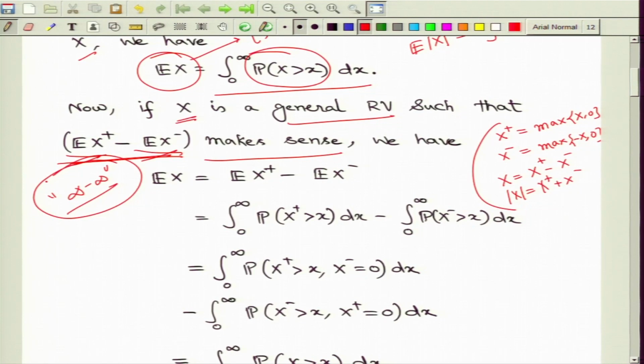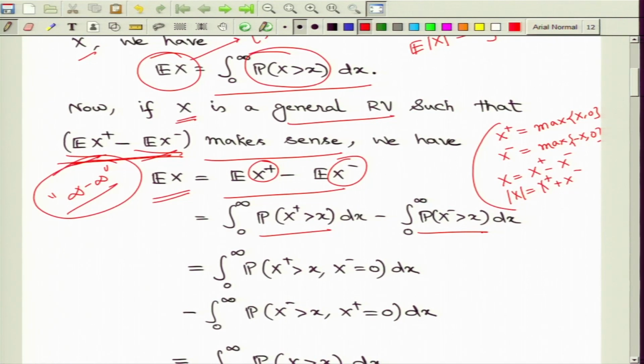When we consider the situation when this difference makes sense, that is including the case when at most one of them is infinity, then we can talk about this expected value as this difference. Both X plus and X minus are non-negative random variables for which our earlier proposition applies, and there we can write the integration involving the tail of X plus and X minus.